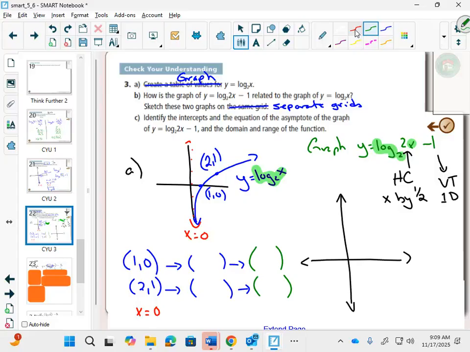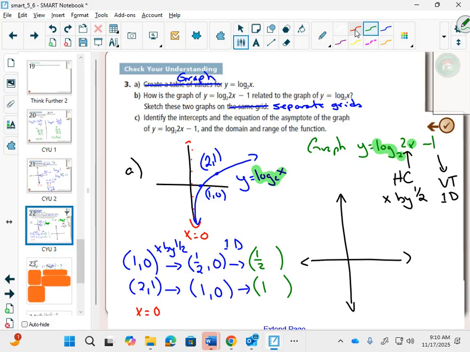Well, first, my x values get multiplied by 1/2. So a reminder of what we did in the transformations unit, we always did our stretches and compressions first. So if I multiply by 1/2, this will be 1/2 comma 0, this will become 1 comma 1. Then I need to go 1 down.